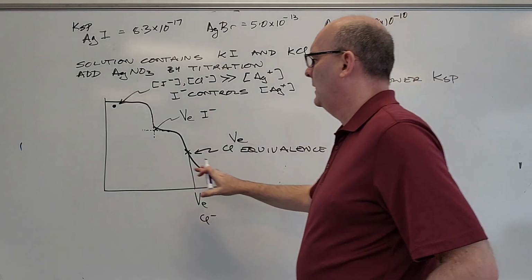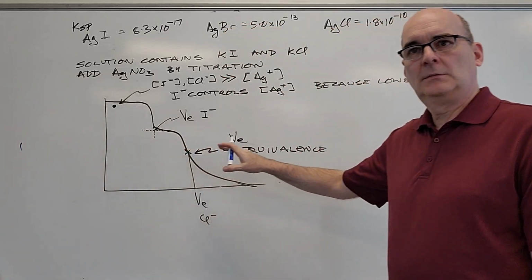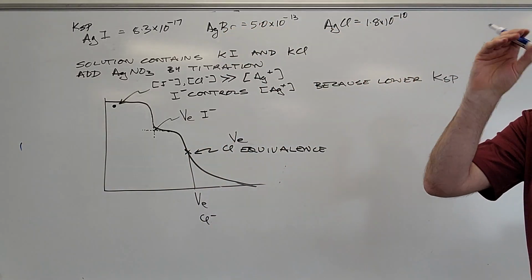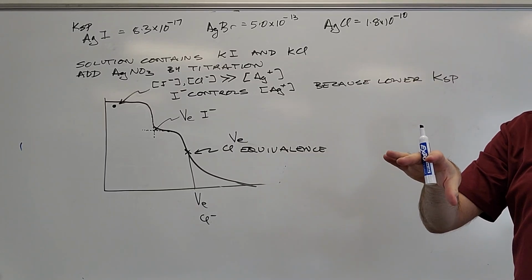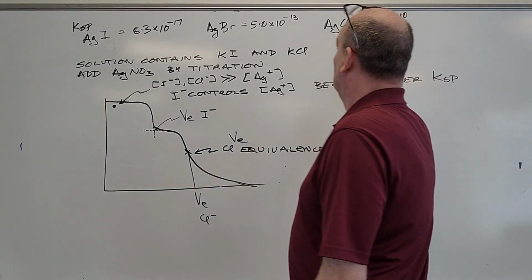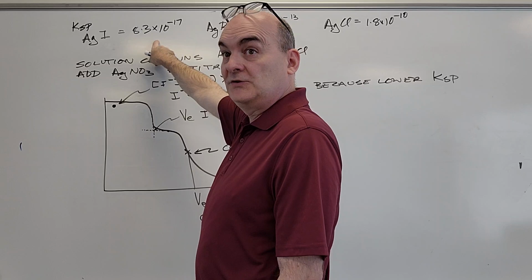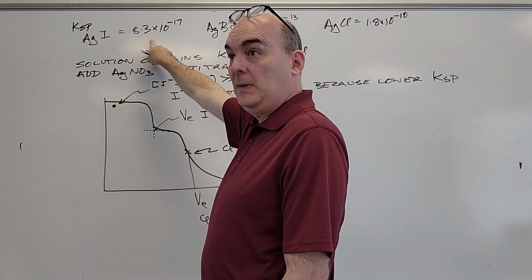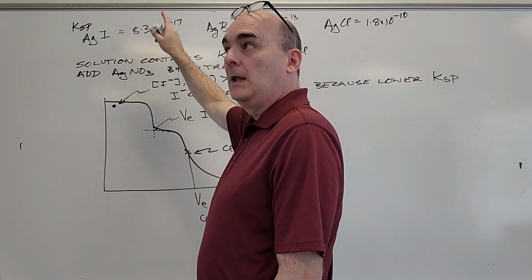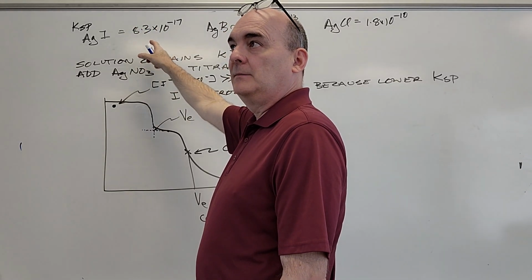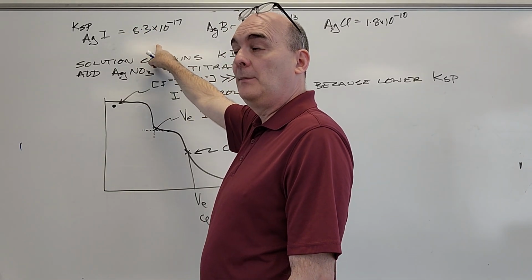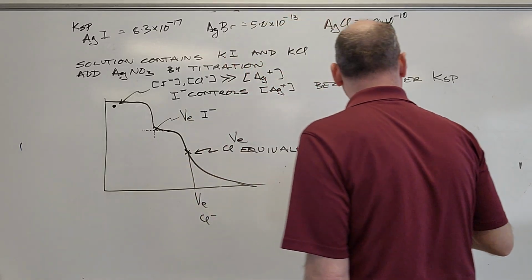Silver is a really good way of precipitating halides, because they're all very insoluble, and as you go down the group, they become really insoluble. So we would use a silver nitrate titration to find that number. And there's a really cool trick.